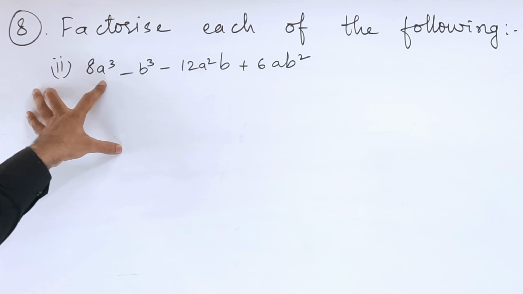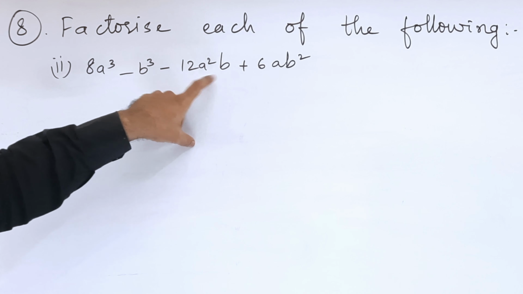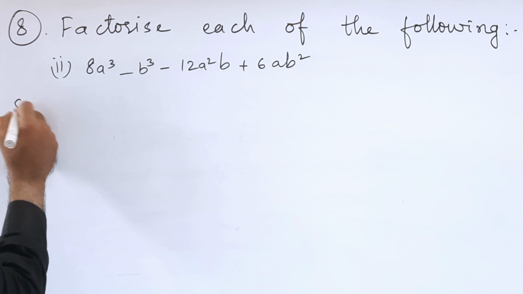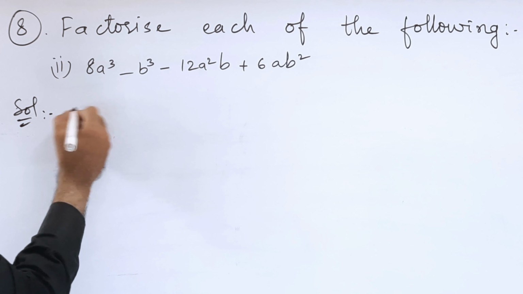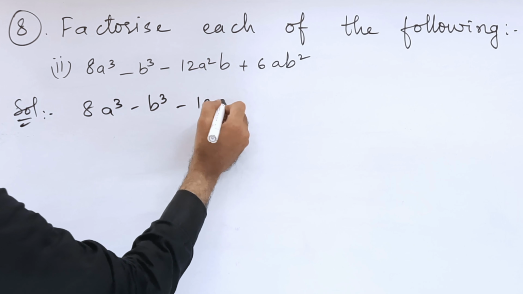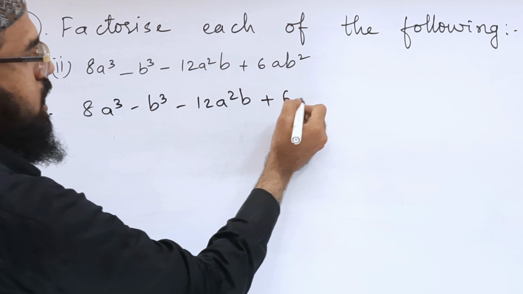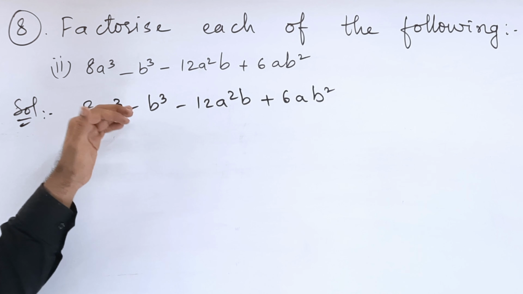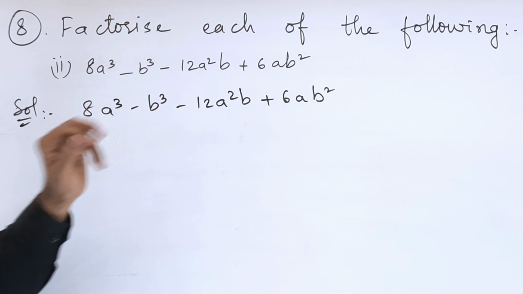So these are the factors. Second bit, 8a cube minus b cube minus 12a square b plus 6ab square. So in solution, let us write what is given. 8a cube minus b cube minus 12a square b plus 6ab square. It is the same as the first bit, but the difference is there for b.